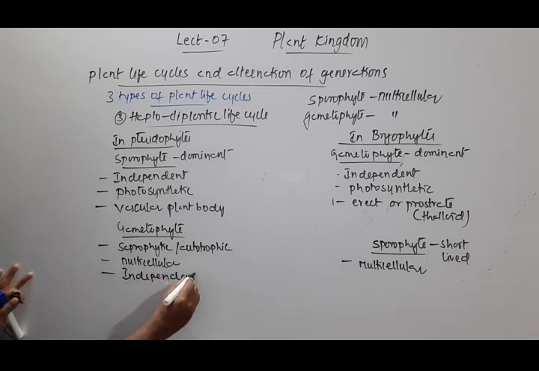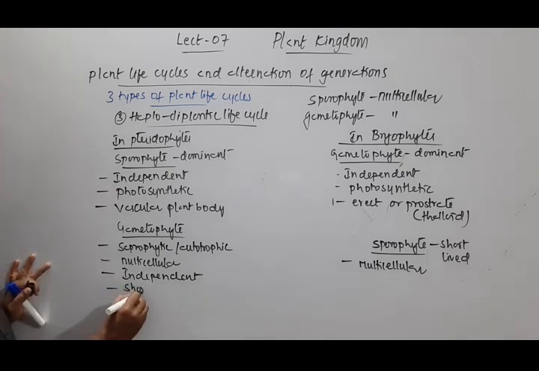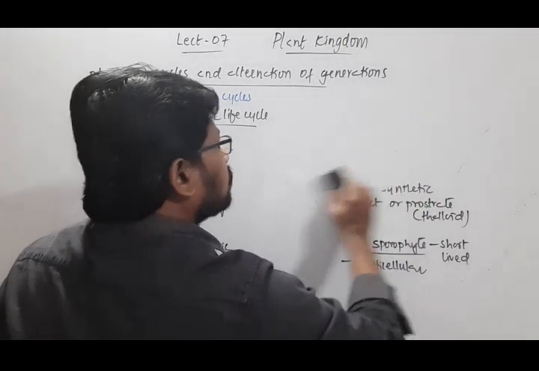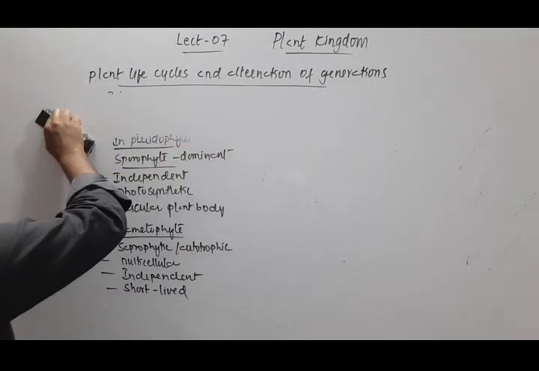So it does not depend on the sporophyte. It is independent and short-lived. That is the difference between the bryophytes and pteridophytes. So that's all about the three types of life cycles.